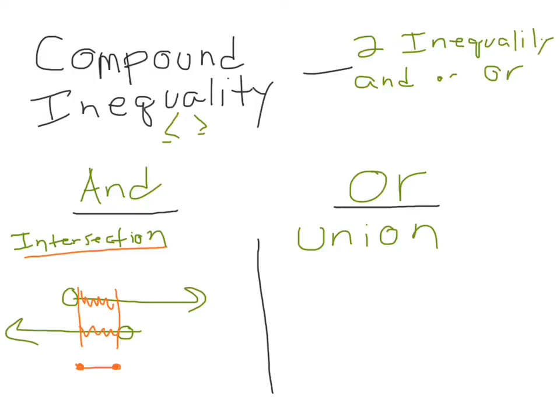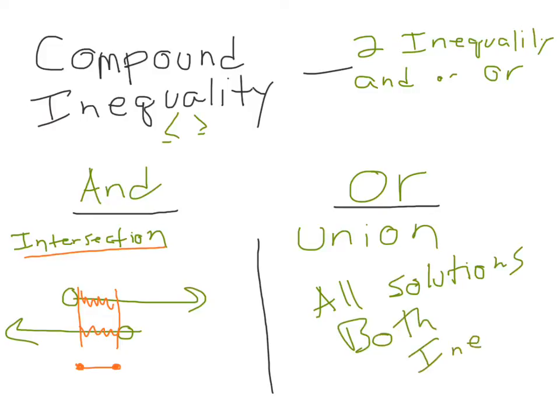It doesn't have to work for both. They have to work for either of the two. If a solution works for one of them, it's good. If it works for the other one, it's good. If it happens to work for both, that's good too. So the union is all of the possible solutions to both of the inequalities that we're talking about. Okay, so that's kind of the difference right now between and or.